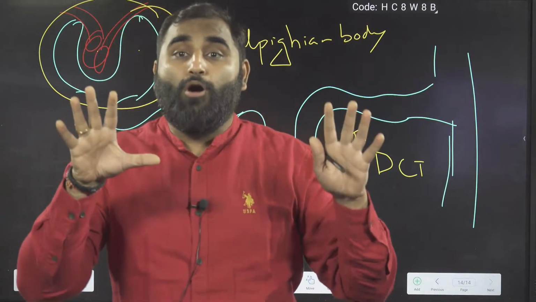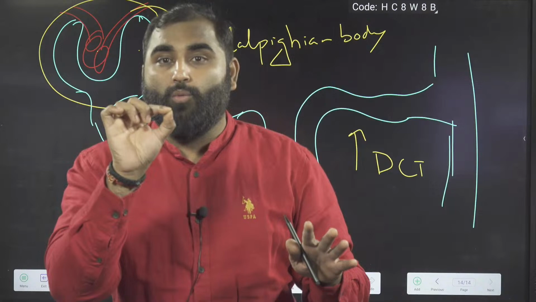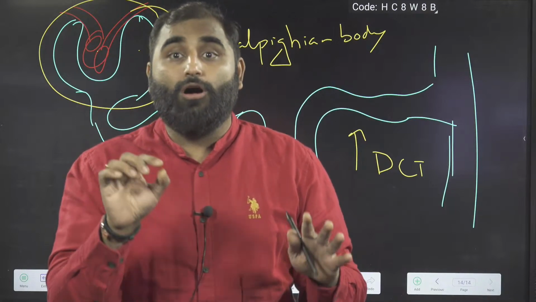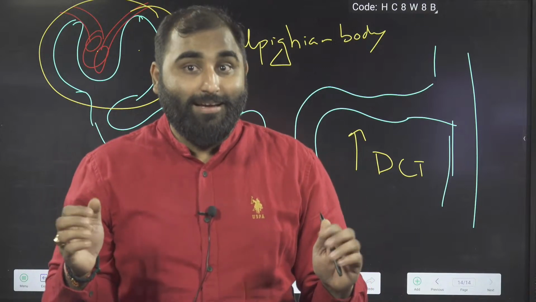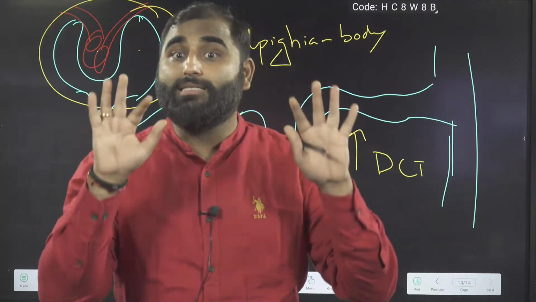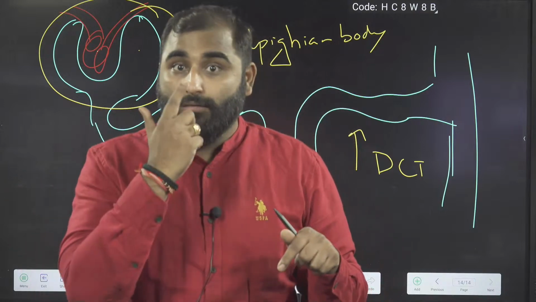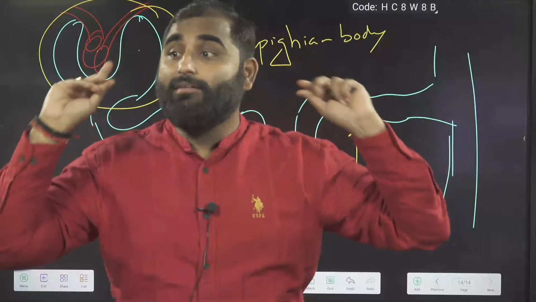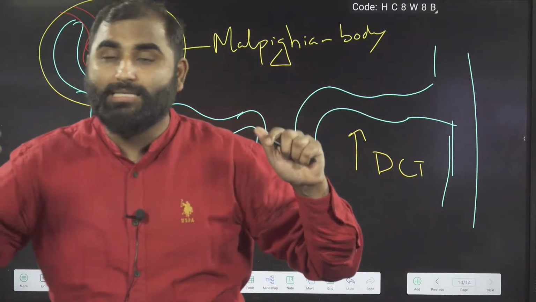So, body parts, listen carefully. In winter, when it is very cold, your distally located body parts, fingers, toes, nose tip, ear tip, become very cold because the blood supply is very less.